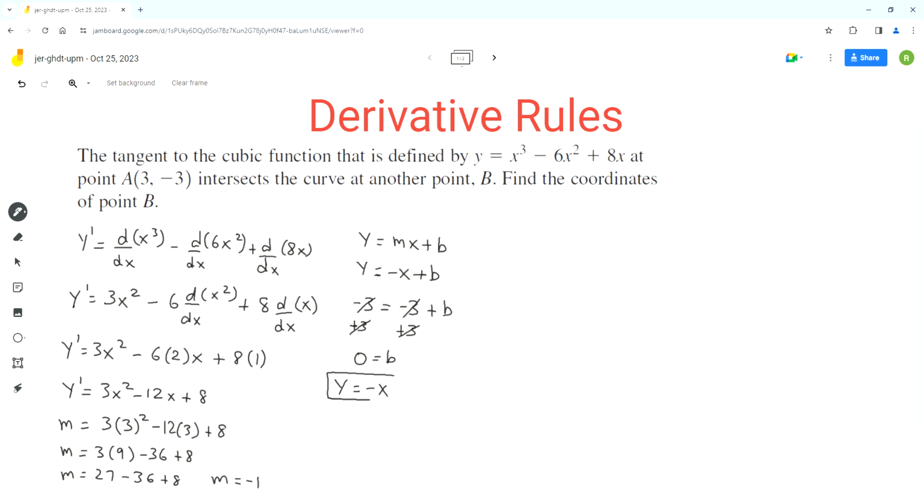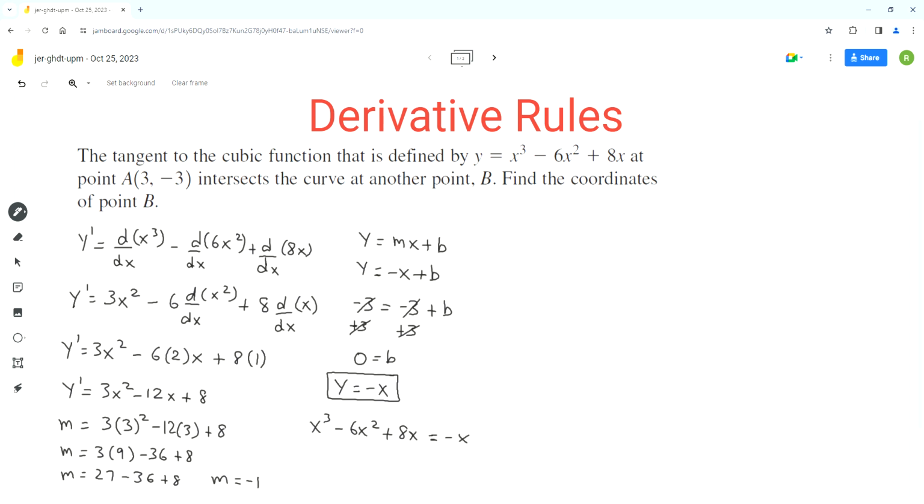Now we have to find the other point at which the tangent intersects the curve. So for that, we'll set the equation of the curve equal to the equation of the tangent. So we get x cubed minus 6x squared plus 8x equals negative x.